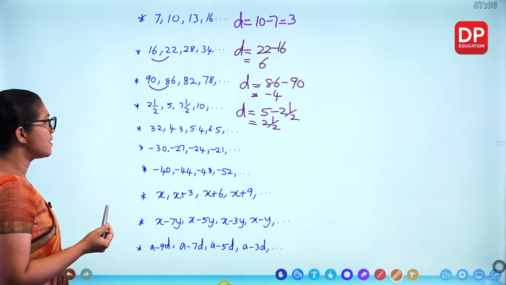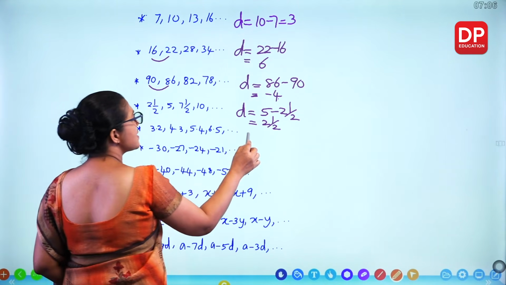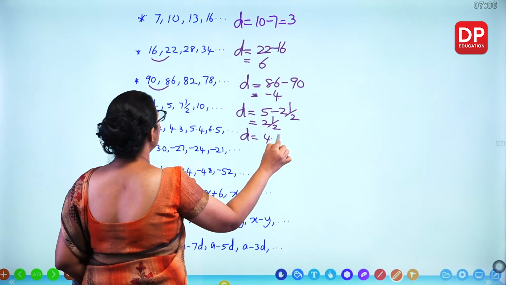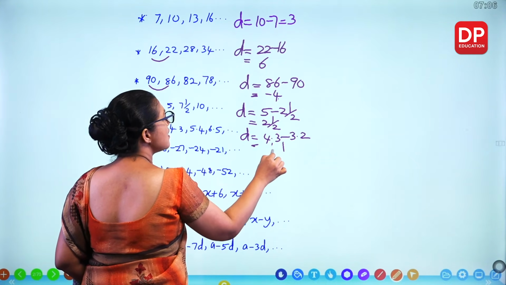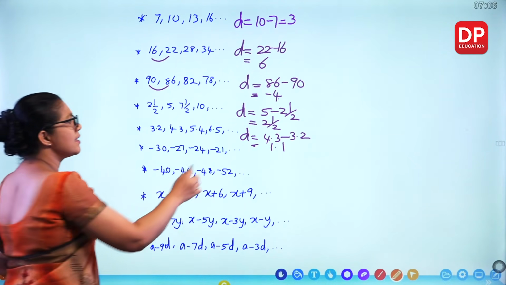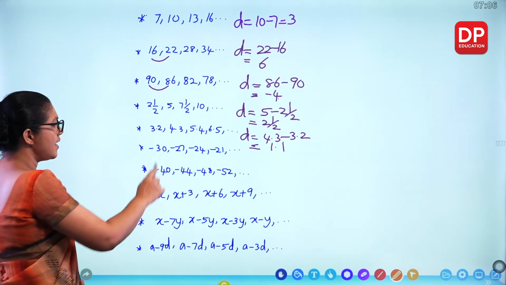This one, you get a decimal: 4.3 minus 3.2. What's the answer? 1.1.